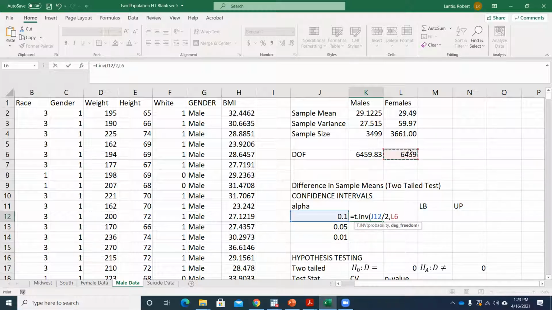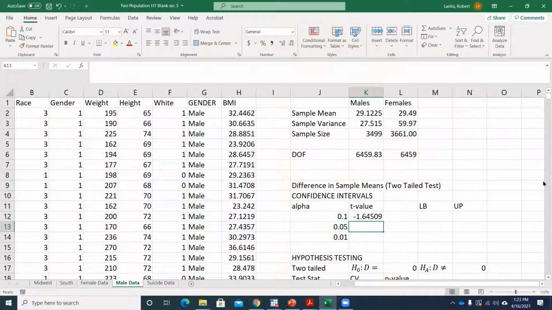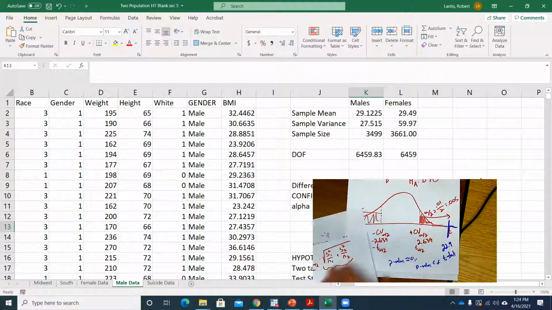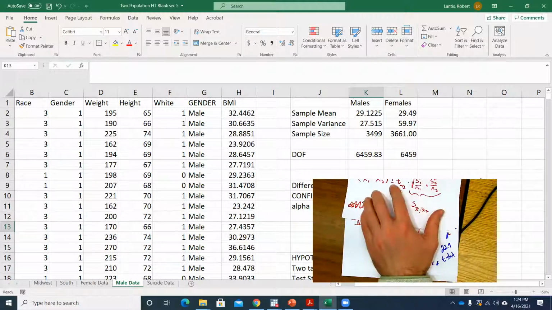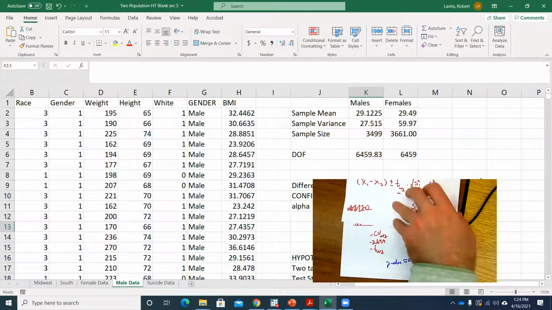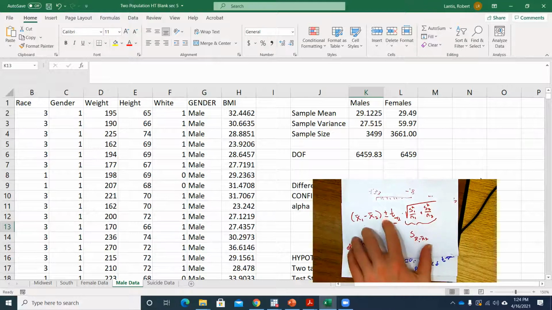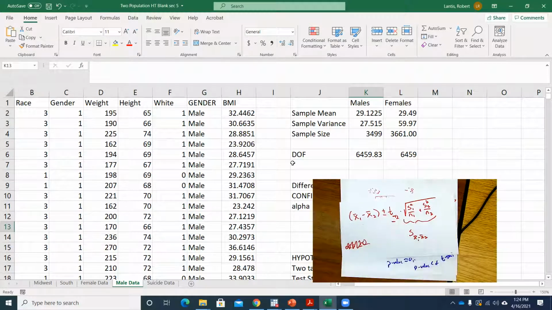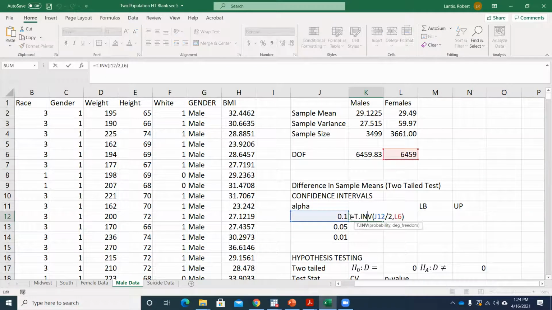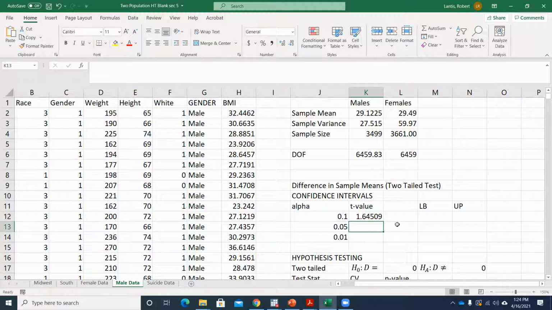Well, I've got it up here in a cell. Now, when I hit enter, remember it's always going to give me the negative value, but I already have the positive and negative sign built into my confidence interval equations when I find the lower and upper bound. So I'm just going to take the absolute value, because I don't want the negative value here.